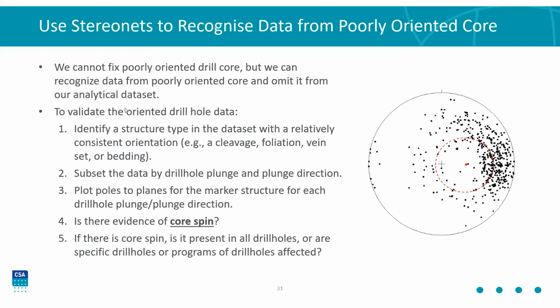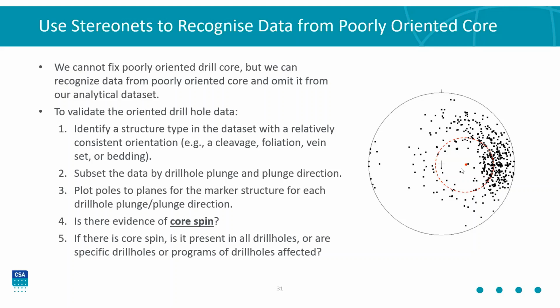So we try and validate the oriented hole data by drill hole, or sometimes, if you've got a whole bunch of drill holes with consistent orientations, you can do them by set. But basically, you plot a single structure that you expect to have a relatively consistent orientation, such as your cleavage, foliation, vein sets, or bedding.